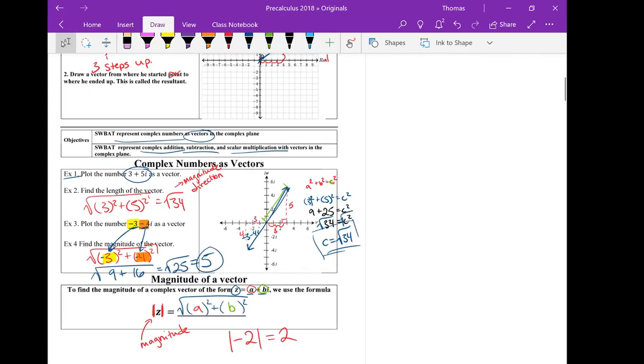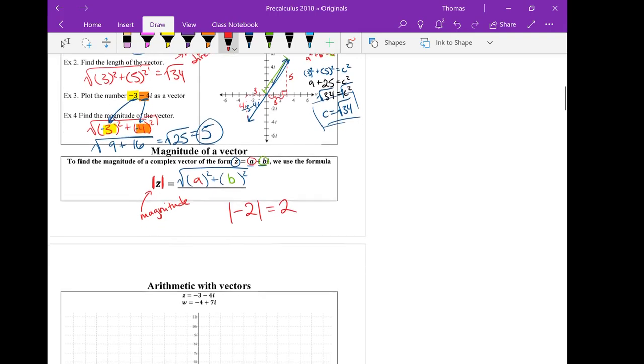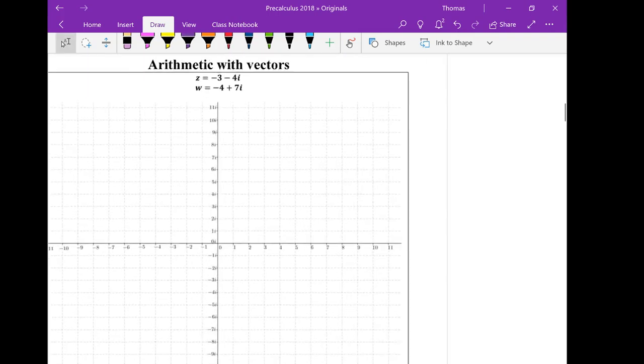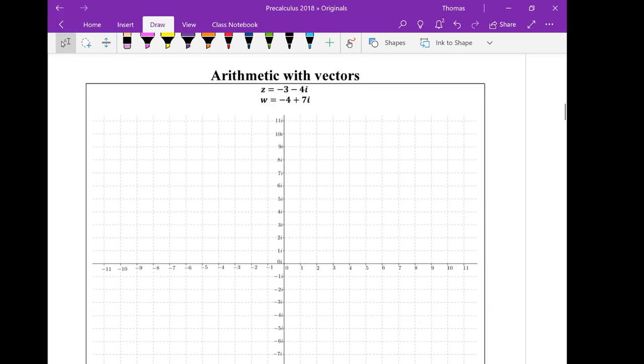Next, we're going to dive into how to do addition, subtraction, and multiplication. So flip to the back side of your notes for this. This says arithmetic with vectors, so we're going to be doing our arithmetic that we had done algebraically in lesson 5, but now we're going to be doing it with vectors. So I gave us 2 vectors to think about here, z and w.